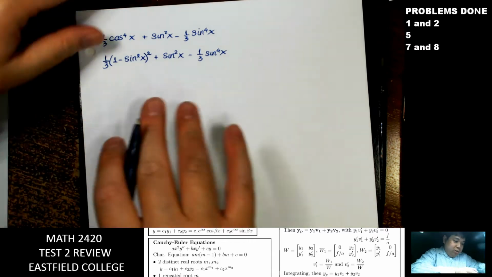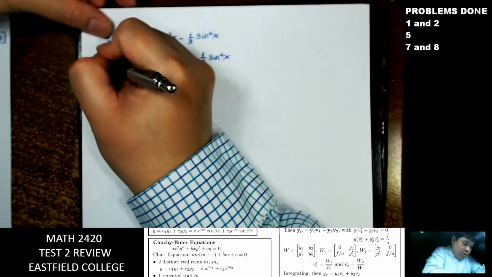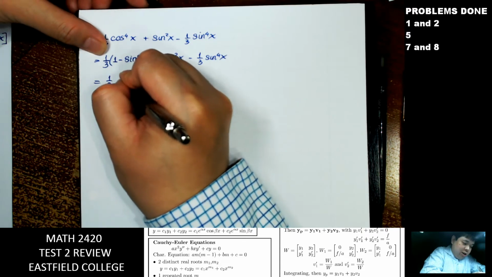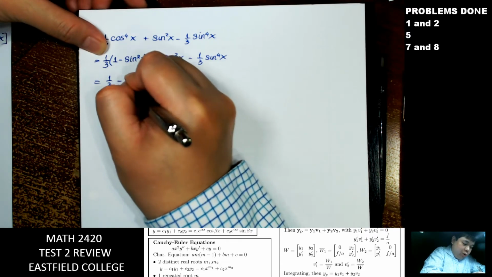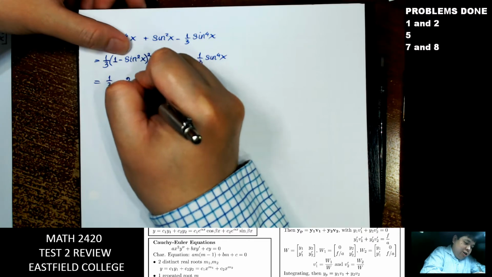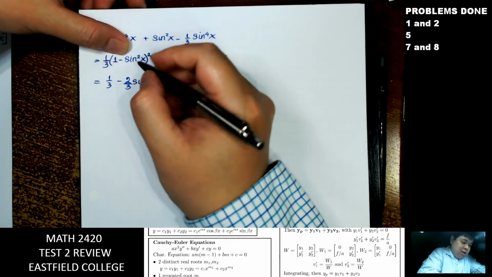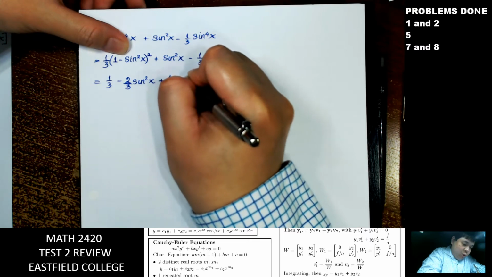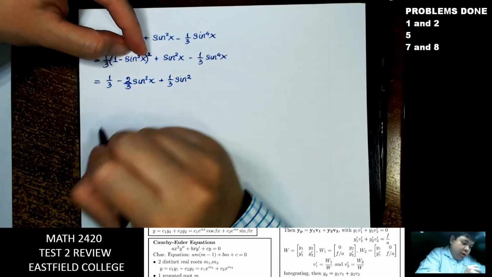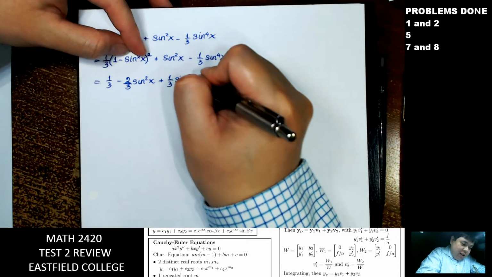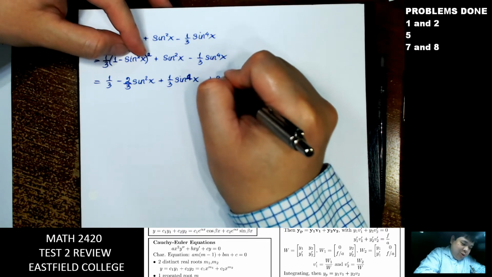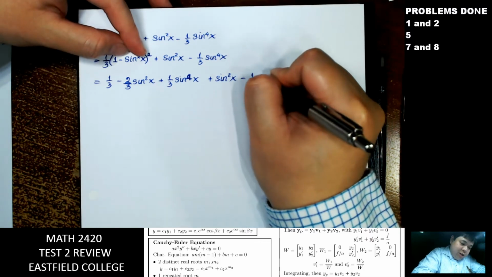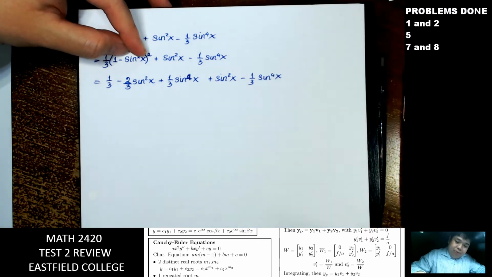I just put that away because this might take a lot of space as well. So multiply this out, we have 1/3 minus 2 over 3 sine square x and plus 1/3 sine to the 4th, sorry, x plus sine square x minus 1/3 sine to the 4th x.